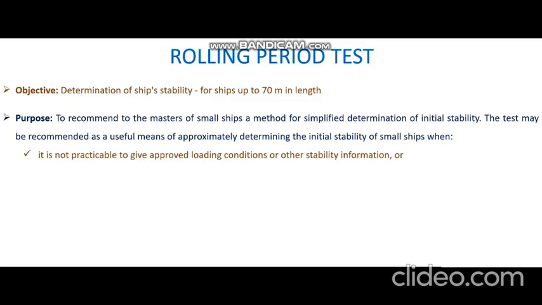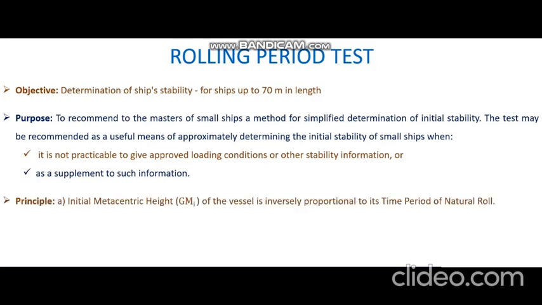So if somebody does not have the approved stability information, can the rolling test be used to assess the initial stability? Yes, provided the vessel is rolling naturally. As a supplement to such information, yes, you may have the loading manual and the stability booklet, but this can be an additional thing to use as a supplementary check.